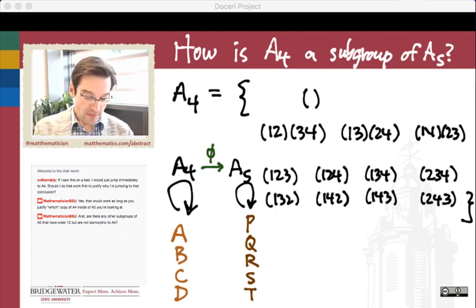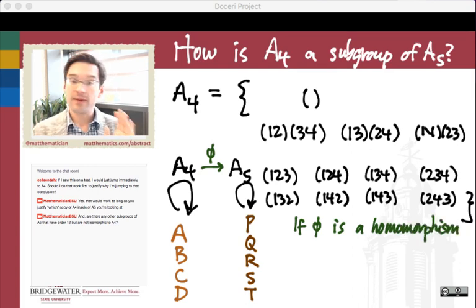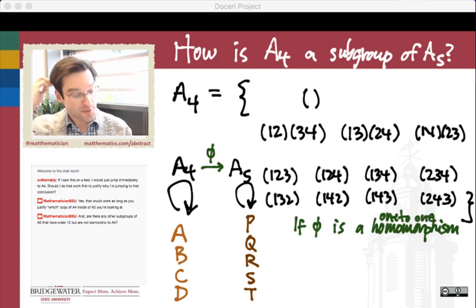And so we know for sure that if phi is a homomorphism, so if I can write down a homomorphism from A4 to A5, then based on what we know about isomorphisms, if it's a 1-to-1 homomorphism, it's going to be an isomorphism onto its image.